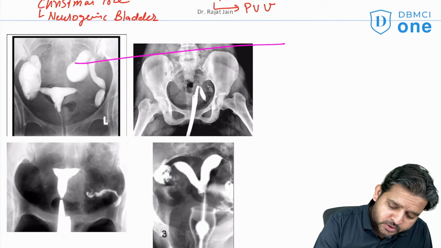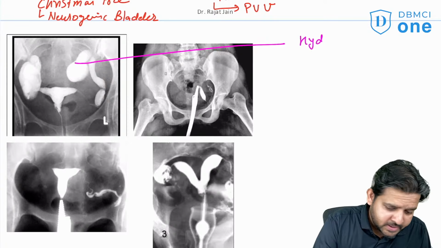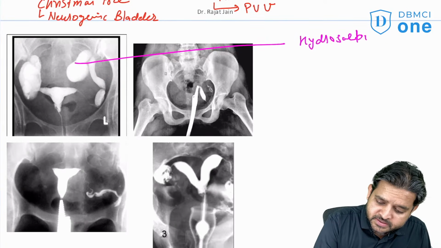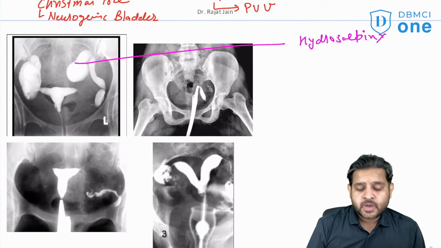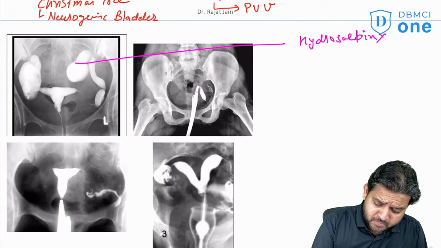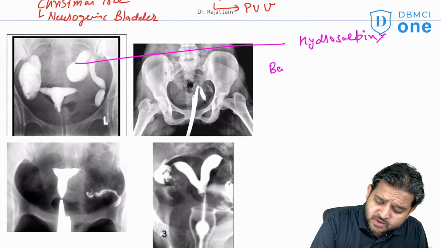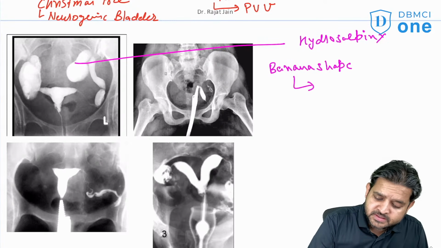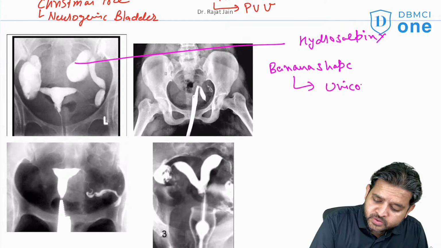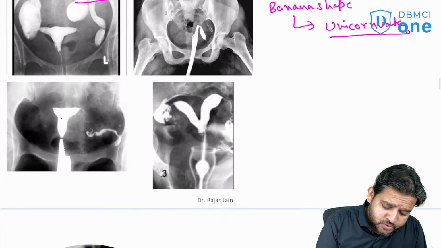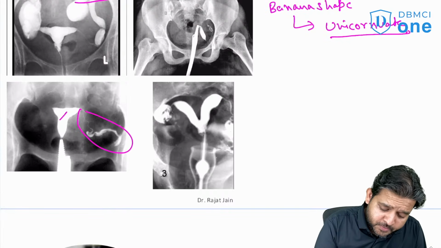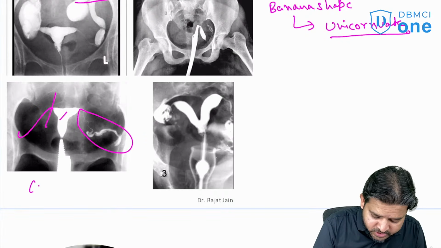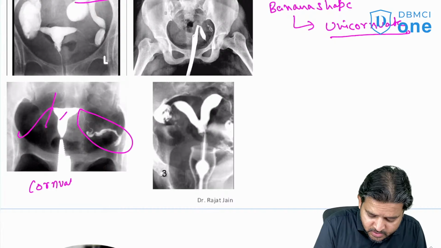If you see fallopian tubes are dilated, then this imaging is hydrosalpinx. Okay. If you see only one horn of the uterus, which is typically called as banana shaped uterus, then this is unicornuate uterus. However, if you see the uterus is normal, one fallopian tube is seen and the other fallopian tube is not seen, then this is called as cornual blob, right?